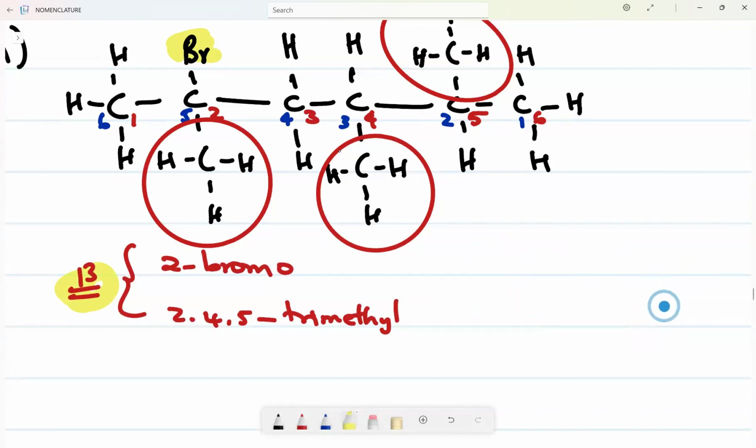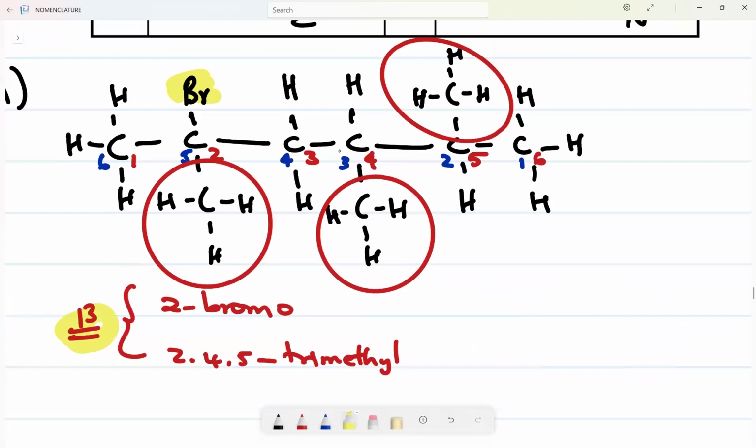So you see how easy or how nice it is to use this technique. This technique works very, very perfectly for me. It does not disappoint me. So I'm in a position of saying the IUPAC name for this one. Remember, B comes before M. Remember, I said when you name the tri or the di, you do not consider it.